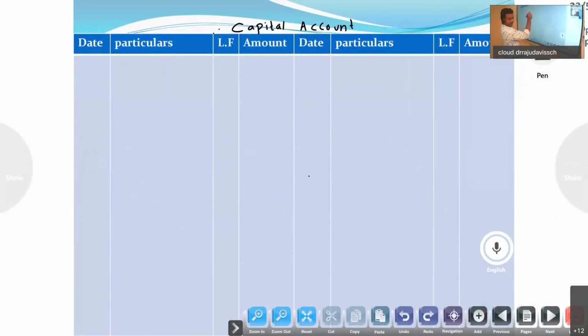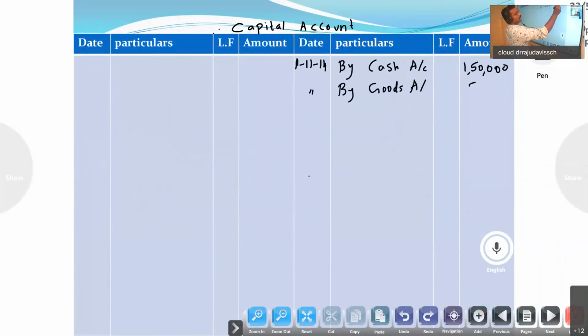So 1/11/2014, by cash account. He brought cash 1,50,000, and the same date he brought goods also, 50,000.